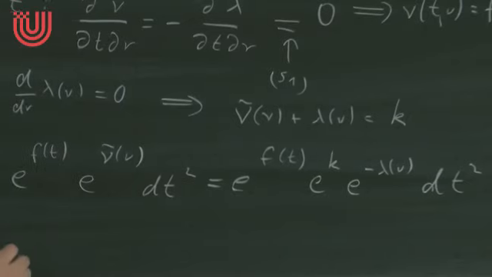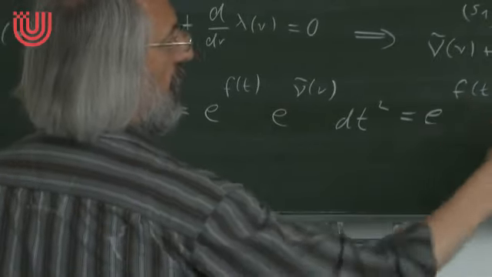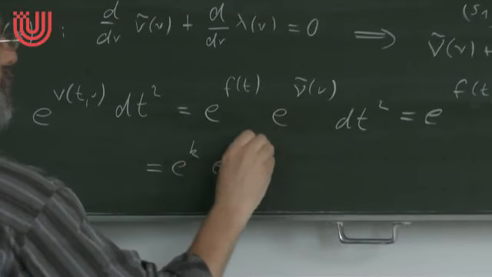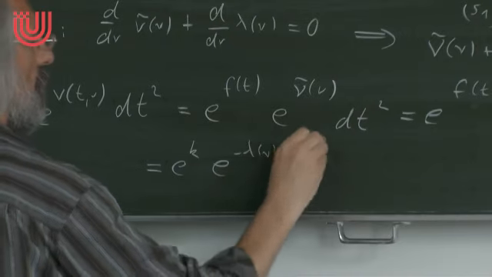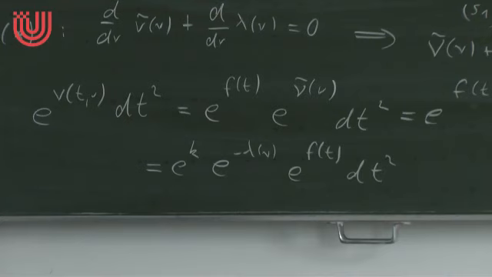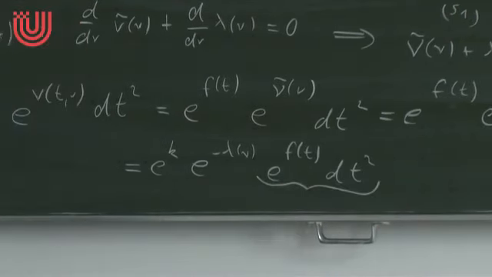Or if I continue, here I have a t, so I write this next to the dt squared. That will be convenient. e to the f of t dt squared, because now I have something which involves only t. So I can make this into a new time coordinate.